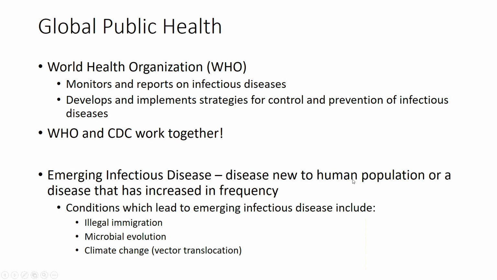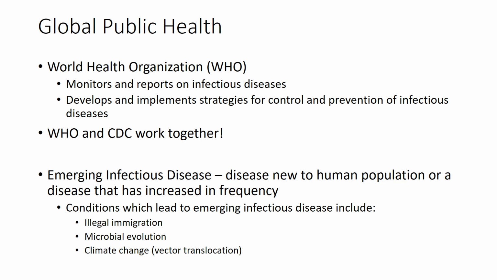Our last term to discuss together in this chapter is the term emerging infectious disease. But to discuss that term, we need to understand the World Health Organization. The World Health Organization is kind of the CDC for the world. It monitors and reports on infectious diseases that are occurring all over the world.